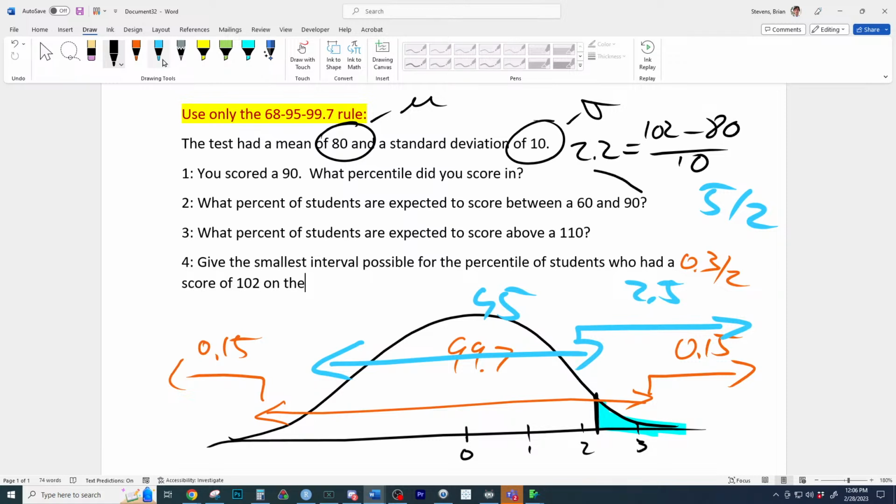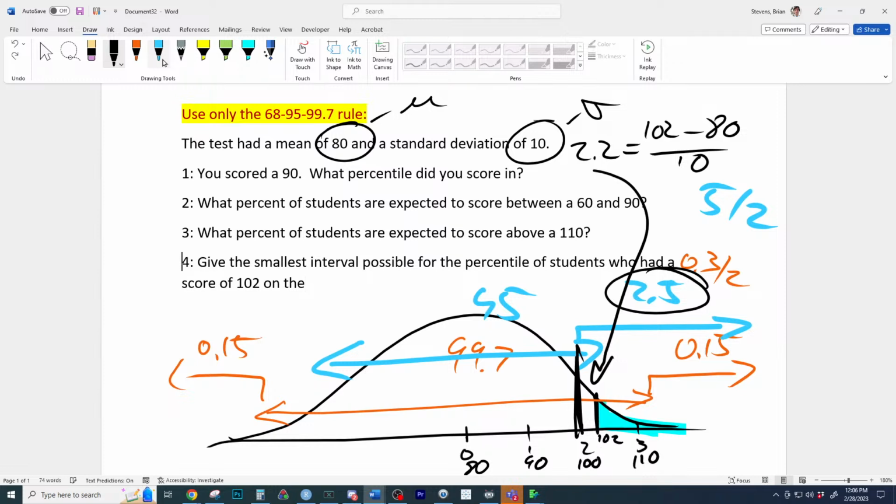It is the z-score telling us where the observation is at. So the 2.5 relates to the amount of observations above 2 standard deviations. The z-score is just how many standard deviations above the mean our observation is. So the observation of 102 was 2.2 standard deviations above the mean. And that's where 102 would be at right there. And that's at a z-score of 2.2.